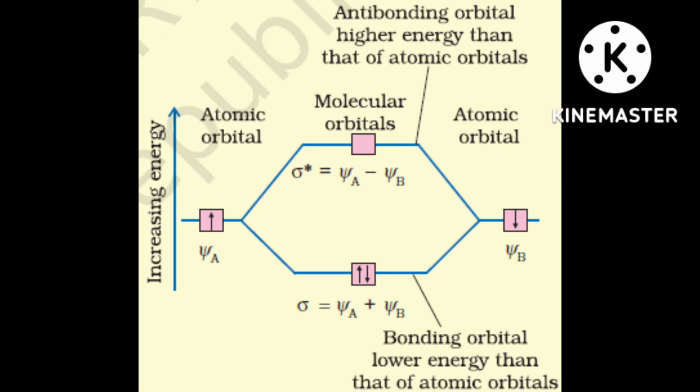Now consider the hydrogen molecule consisting of 2 atoms A and B. Each hydrogen atom in the ground state has 1 electron in the 1s orbital, 1s and the other also 1s.